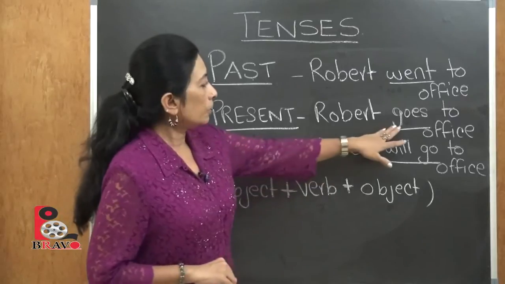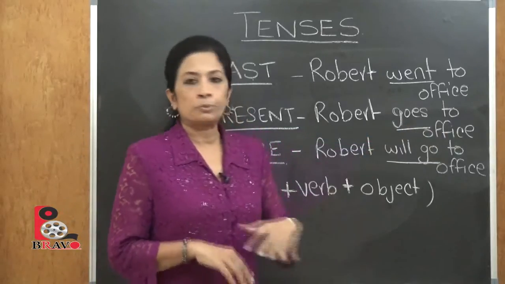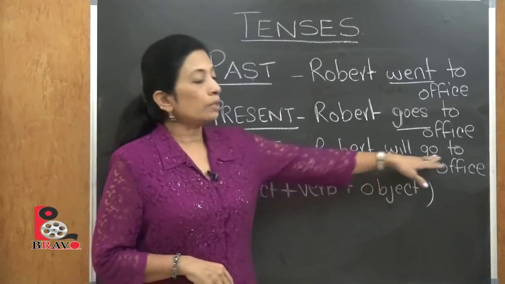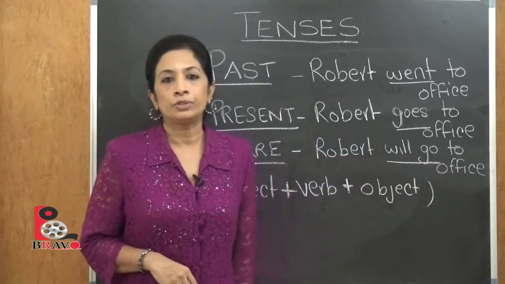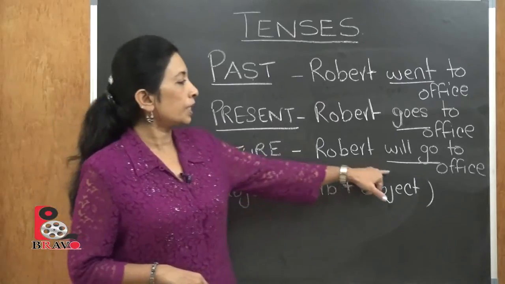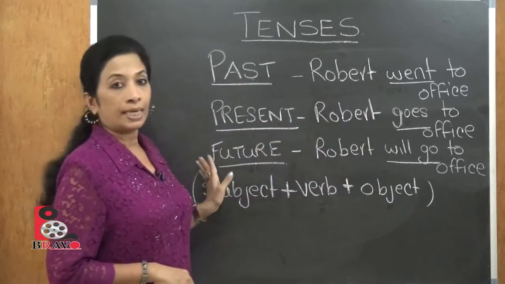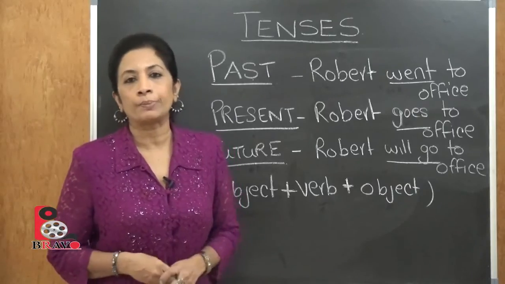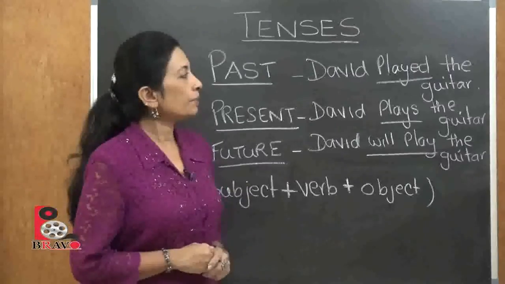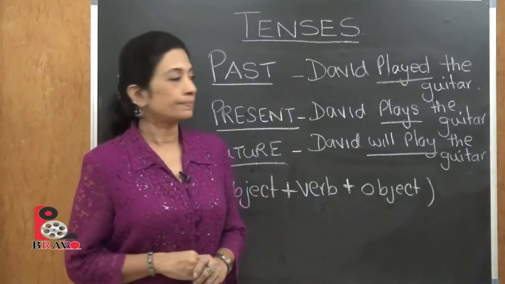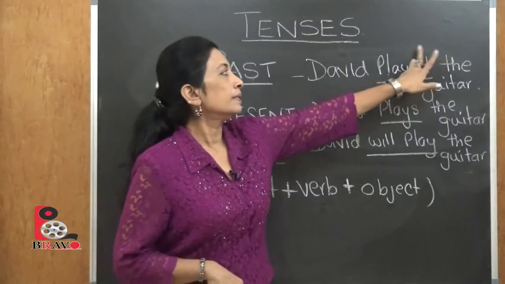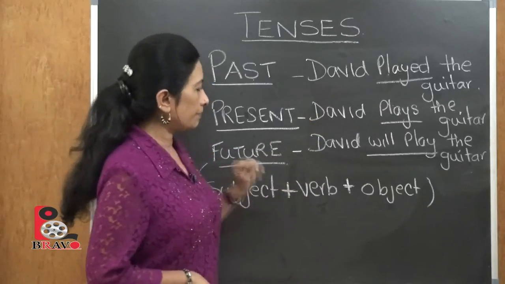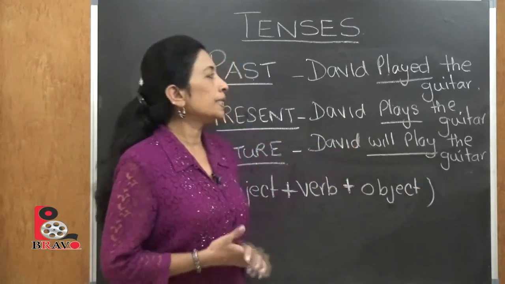So here Robert goes to office because he is going now, so he goes to office. Robert will go to office will be your future tense. So you can see the verb will change according to the tense. Now let's look at a couple more, just to clear it up a little bit more in your head. David played the guitar. The past tense: play is our verb, David is our subject and our object is guitar.